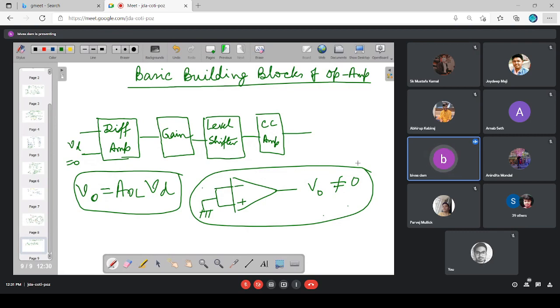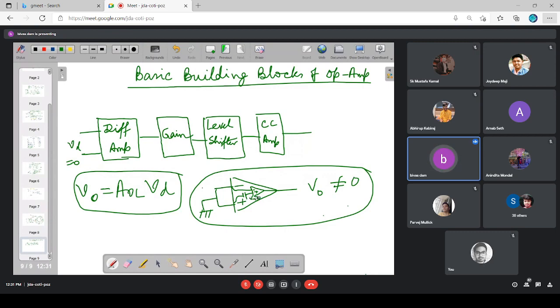The assumption is that this practical operational amplifier has, as if, two components. One is one ideal operational amplifier, whose output is this output, whose inverting input terminal is this practical operational amplifier's inverting input terminal, and between the non-inverting input terminal of this ideal operational amplifier and the non-inverting input terminal of the practical operational amplifier, I have one fictitious voltage source.